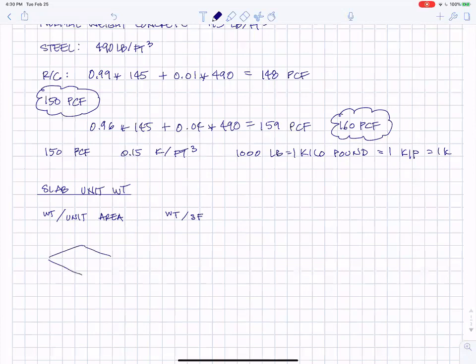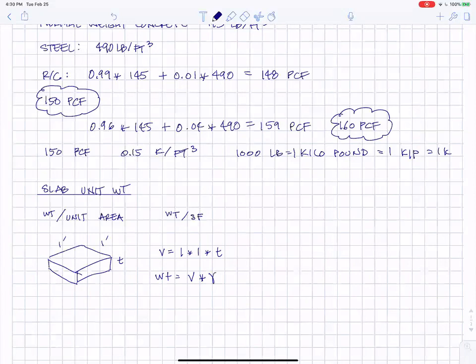Here's 1 square foot, 1 foot by 1 foot, and it has a certain thickness. So the volume is 1 times the T, thickness. And so the weight for 1 square foot is the volume times the unit weight.